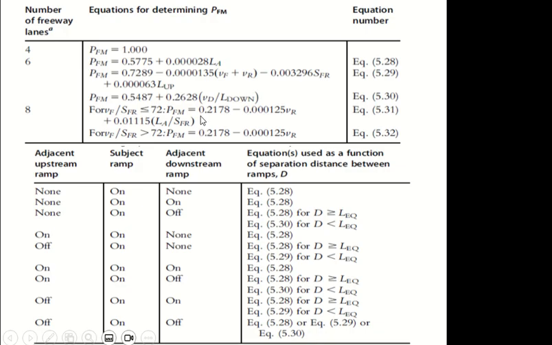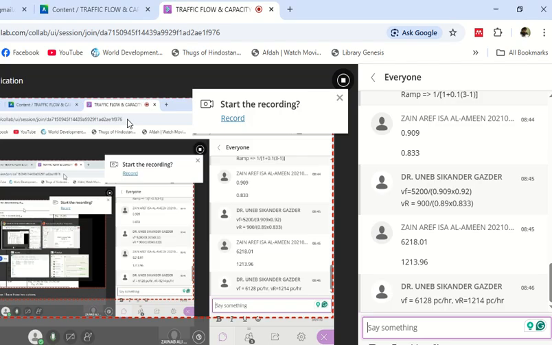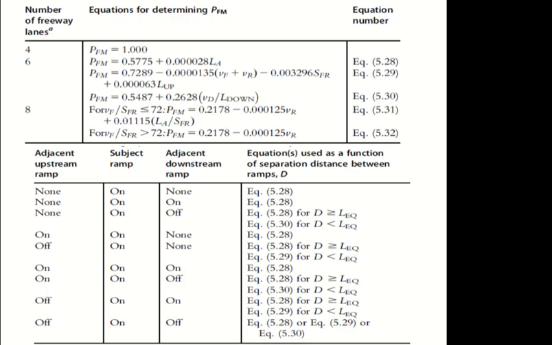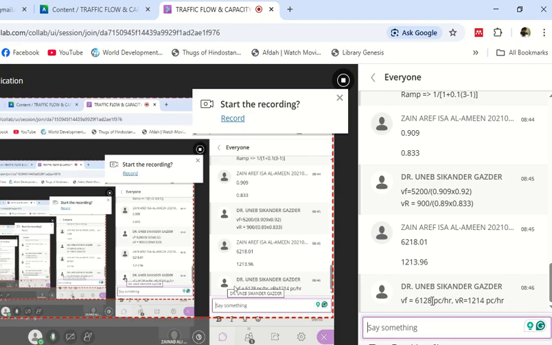I have these two options. Vf you calculated, and SFR is given as 40 miles per hour. Vf is for the freeway and SFR is the free flow speed for the ramp. So Vf is this one and SFR is 40.